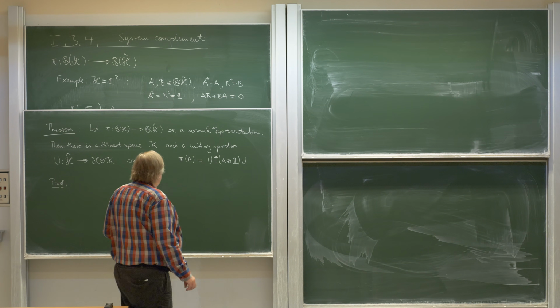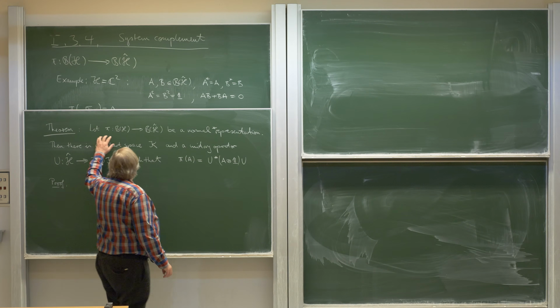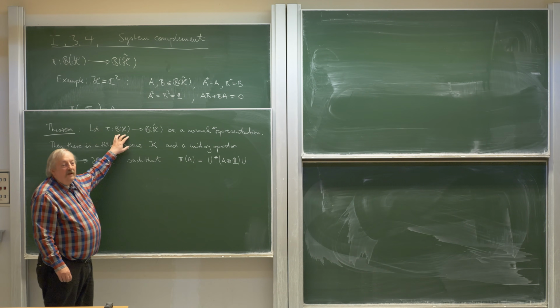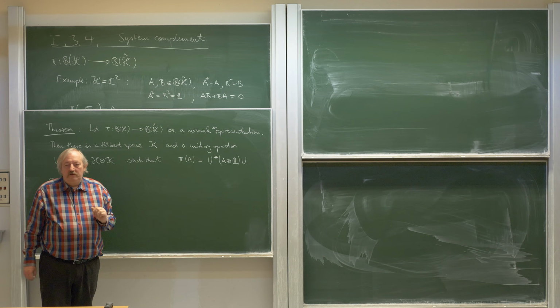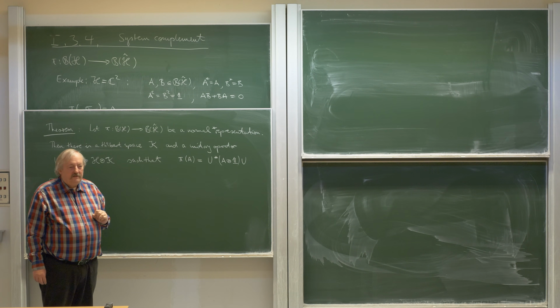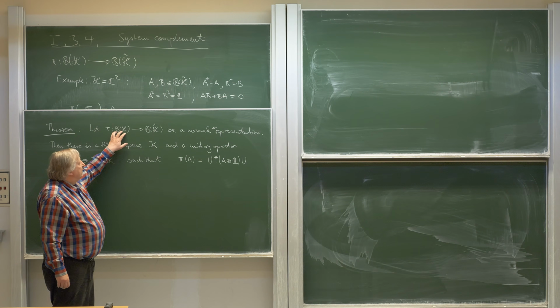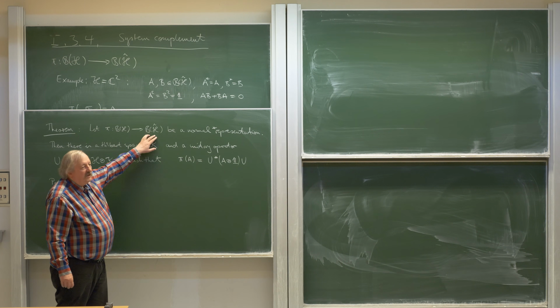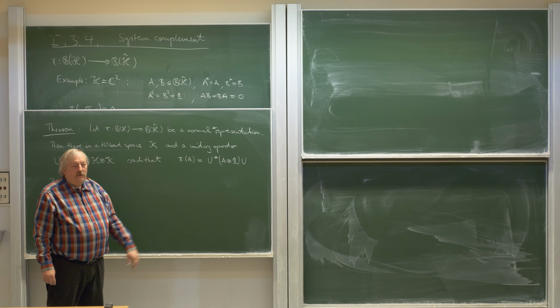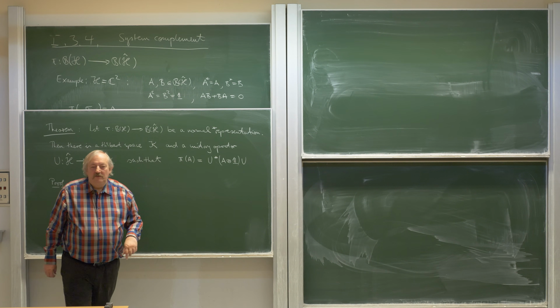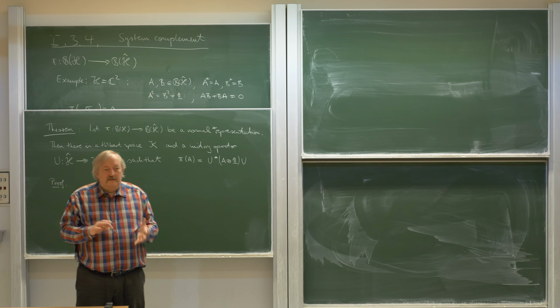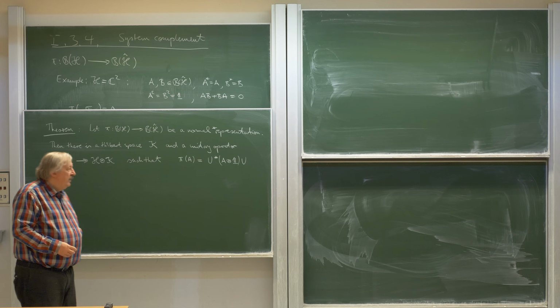So one way to think about this in the language of representation theory is that there is only one irreducible representation of B of H, and any representation is the direct sum of those. And so there's some multiplicity, and this multiplicity is measured by the space K. It's another way to state the same thing.